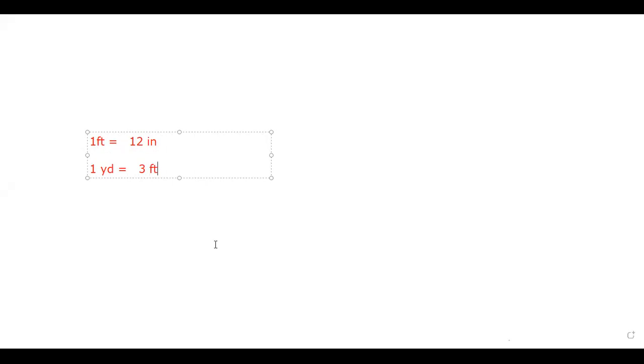Is there a problem with that? Now, you need to keep an eye on these two numbers, the 12 and the 3. Now, suppose I told you that I have, for example, 4 feet. Find that in inches.